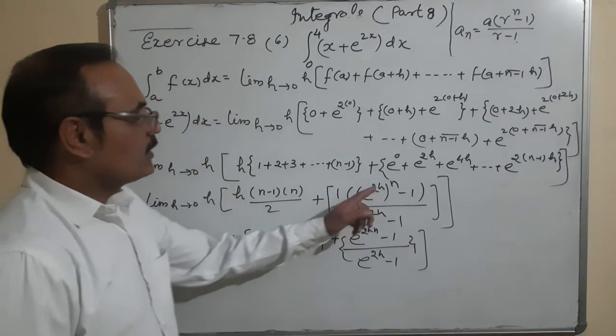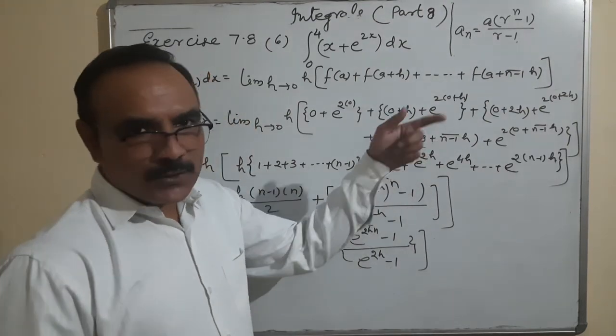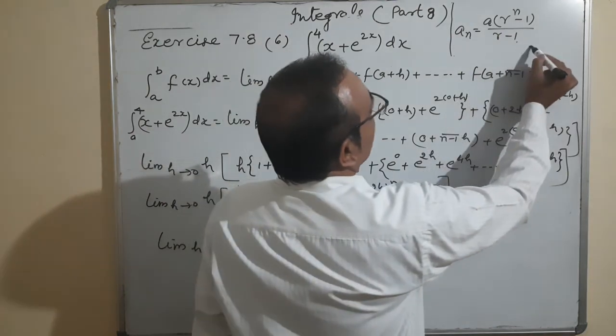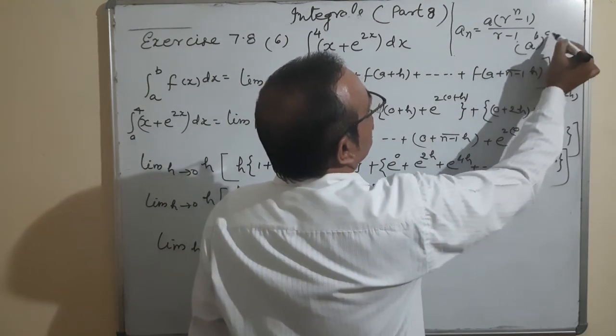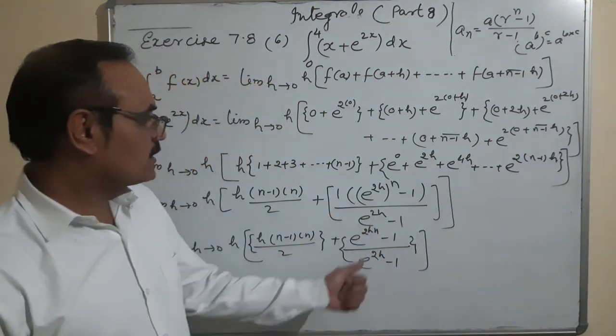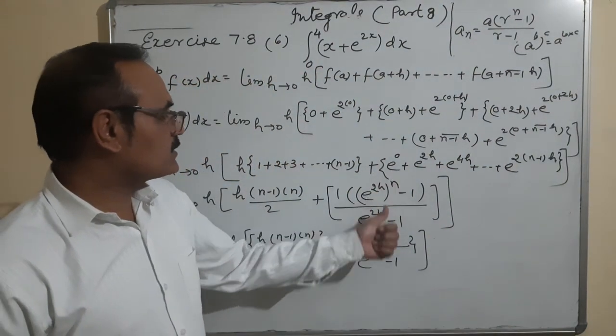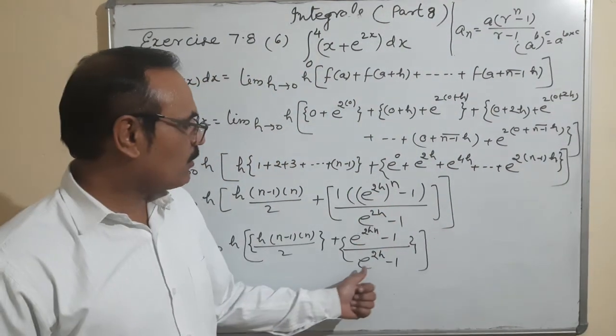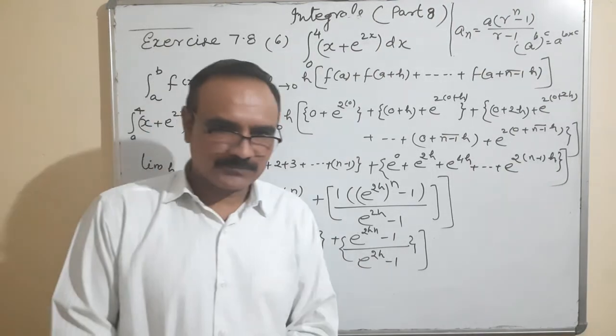What is it? If there is a to the power b to the power c, what to write here? A to the power b into c. Laws of exponents. So e to the power 2h to the power n is e to the power 2nh minus 1 upon e to the power 2h minus 1.